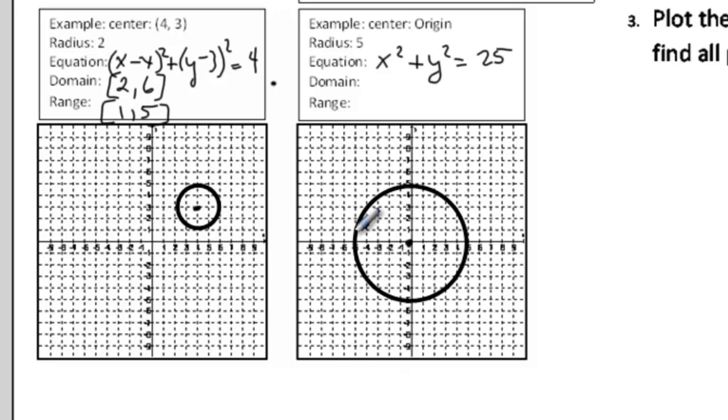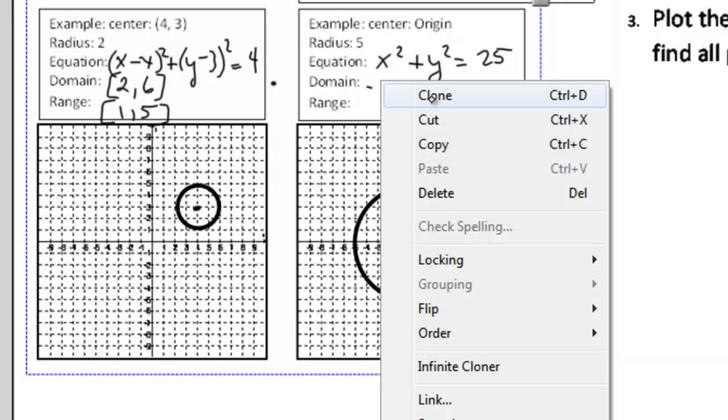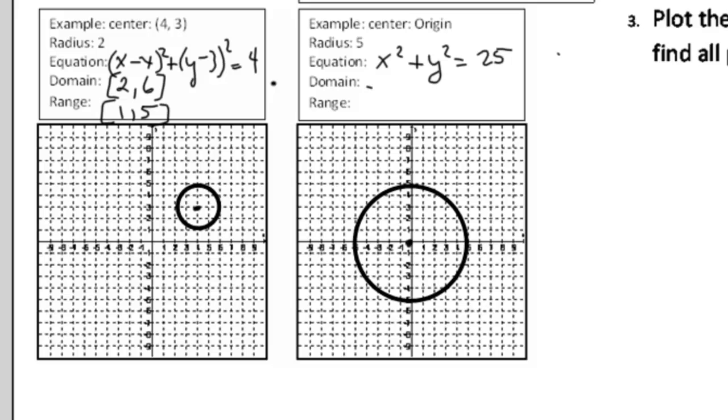Your domain from left to right is negative 5 to positive 5. And your range from bottom to top is negative 5 to positive 5.